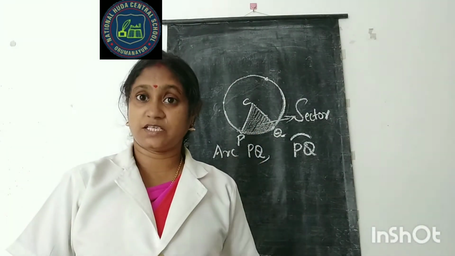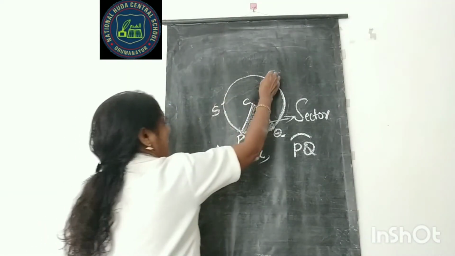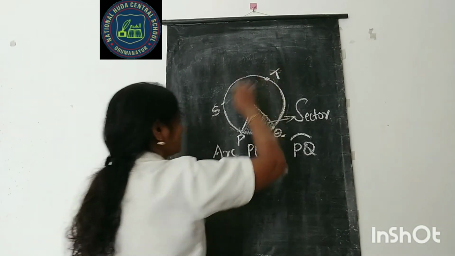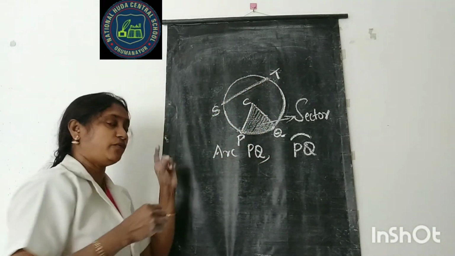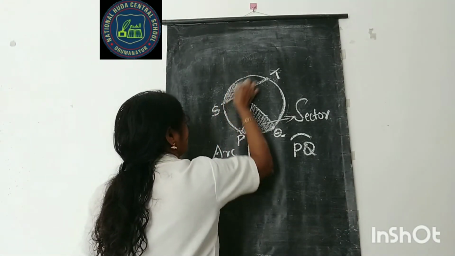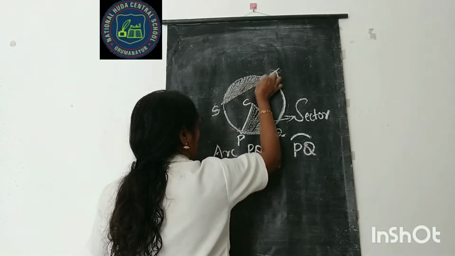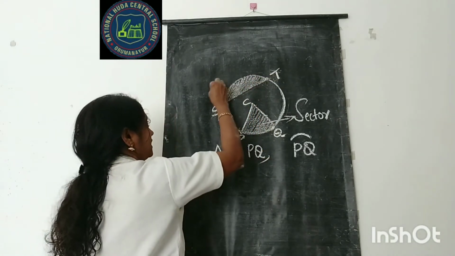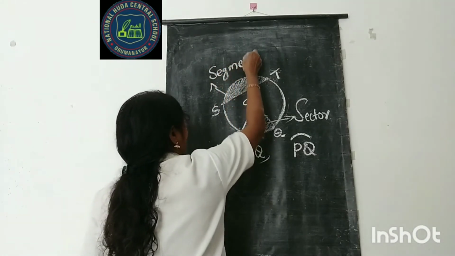Let S and T be 2 points on the circle. Here is a point S and here is a point T. Now ST is the shortest distance between these 2 points. And this shaded portion is called the segment of the circle.